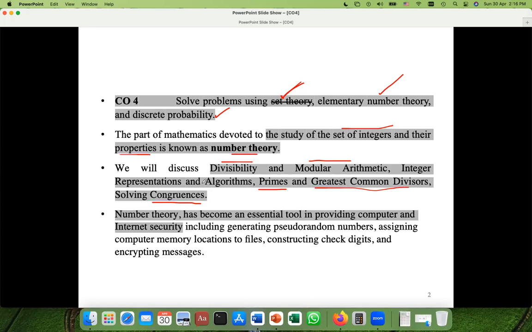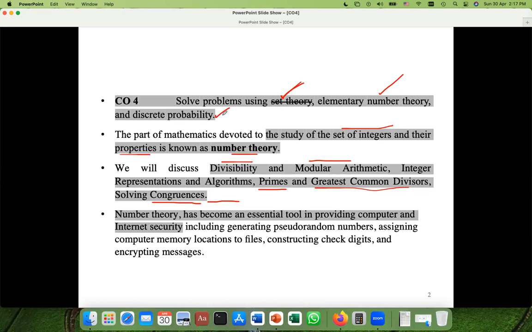There is another topic called cryptology, but I removed it from here because, according to the statement of the CO, I have the option to remove things. Also, I want to complete this course within the 11-week time period, so I have skipped that topic.